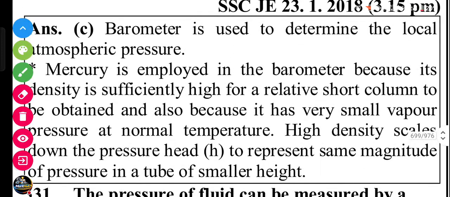Yes, here is the explanation. Barometer is used to determine the local atmospheric pressure. Mercury is employed in the barometer because its density is sufficiently high for a relatively short column to be obtained, and also because it has a very small vapor pressure at normal temperature. High density scales down the pressure head to represent the same magnitude of pressure in a tube of smaller height.